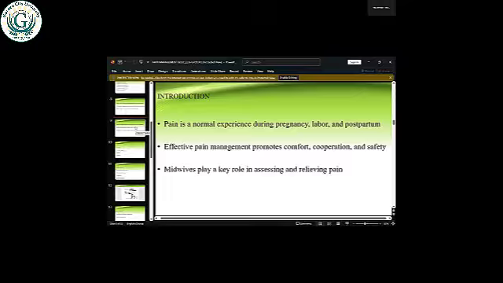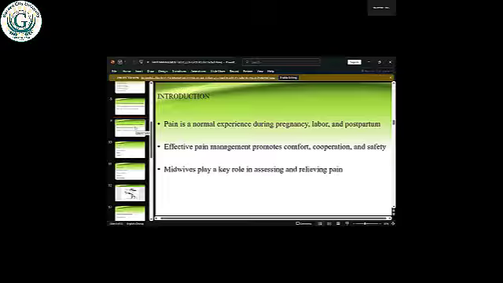So it says that effective pain management improves comfort, cooperation, and safety. So during ANC, labor, and postpartum, effective pain management enables the client to become more comfortable.